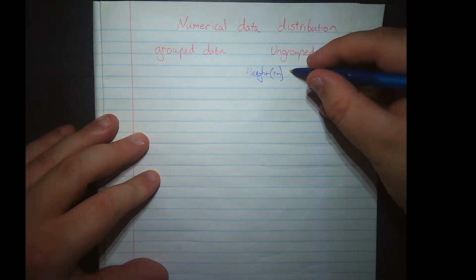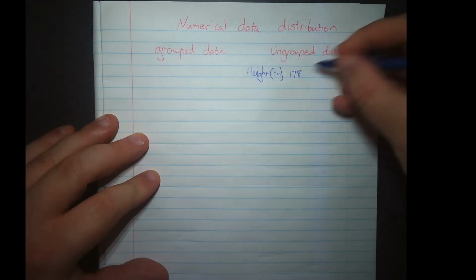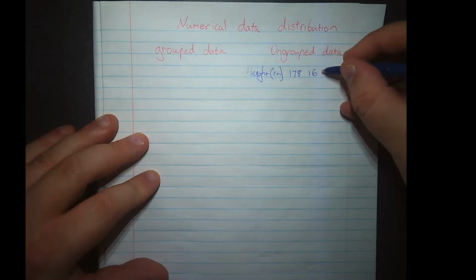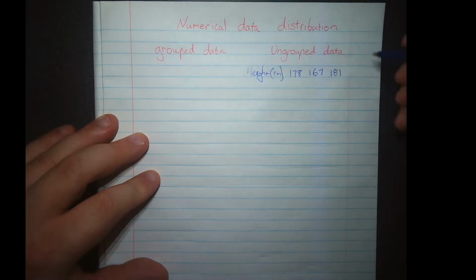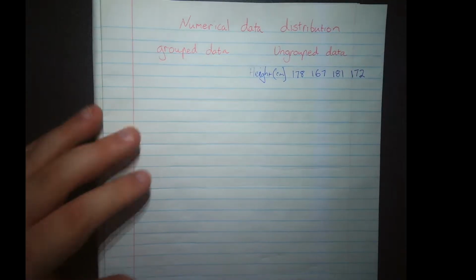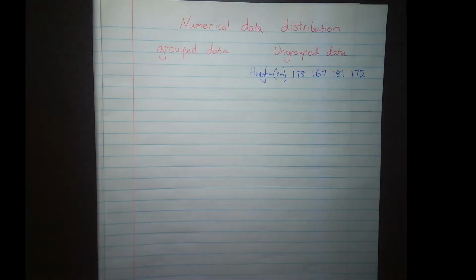We might have 178, we might have 167, we might have 181, maybe 172, etc.